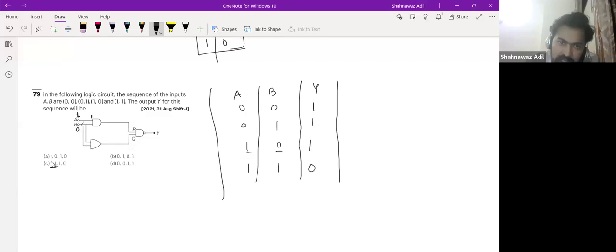We should just write that this is the correct option. But for the sake of doing it, you guys please do it and tell me, are all of you getting 1 or not? And what gate is this? So this is, I guess, the NAND gate, right?